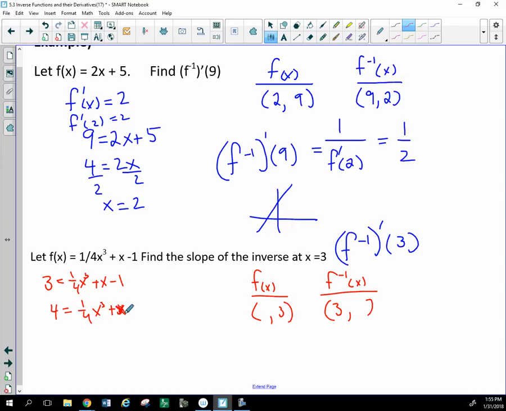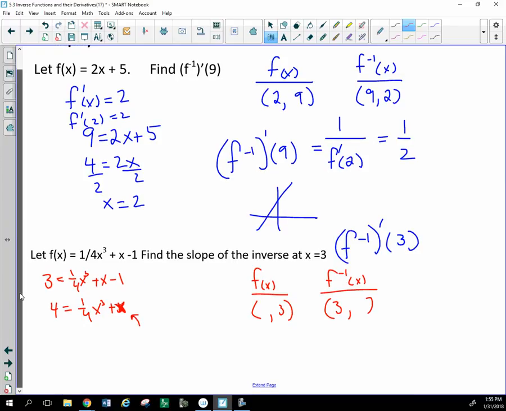Since this is not a factorable function, I'm going to have to graph this thing. It didn't have to be that way. I could graph it like this: 1/4 x cubed plus x minus 4 equals 0. I could graph it either way. This one I would put in as y1 equals 4, and then y2 would be 1/4 x cubed plus x, and find where they intersect.